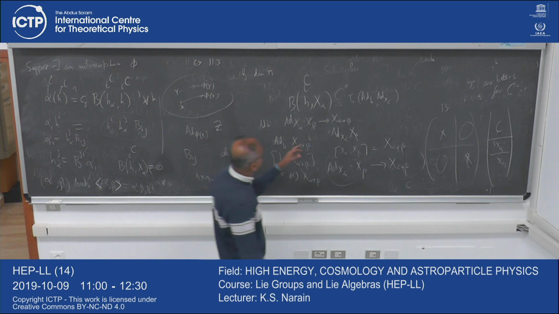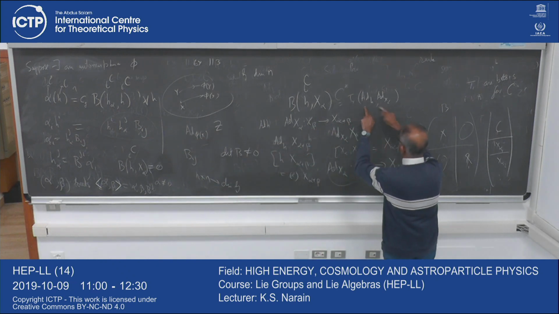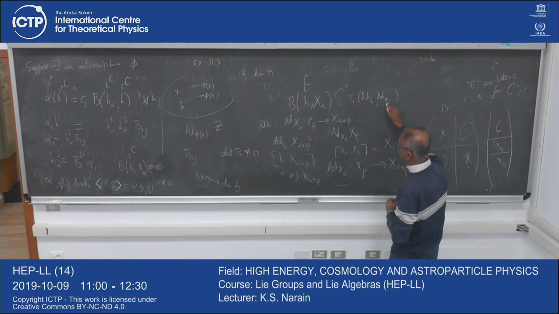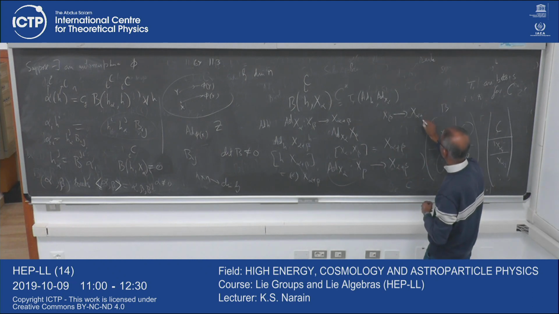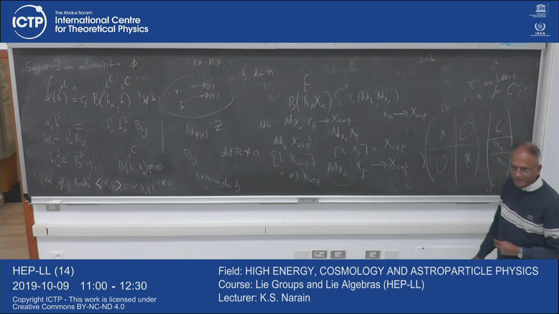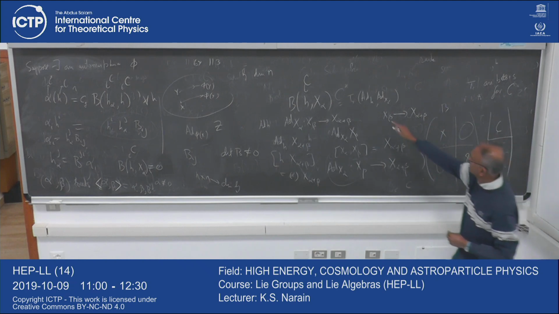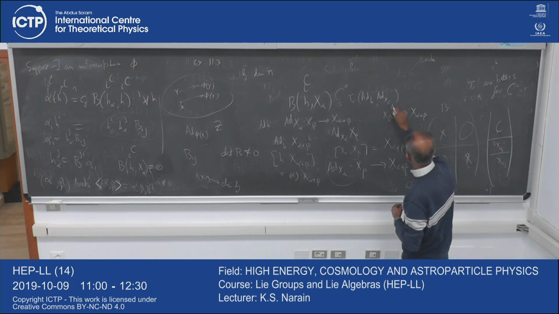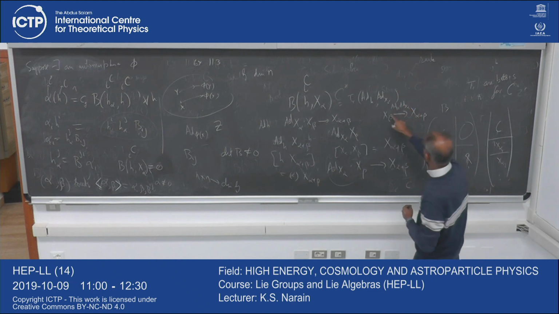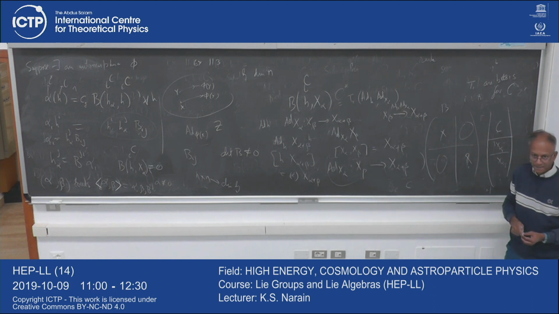So what we are seeing is that overall this combination ad H times ad X alpha has taken X beta to X alpha plus beta. Correct. This combination has taken you to that.